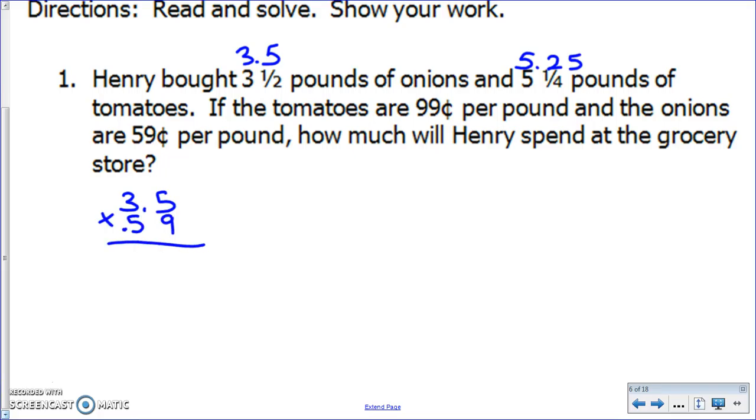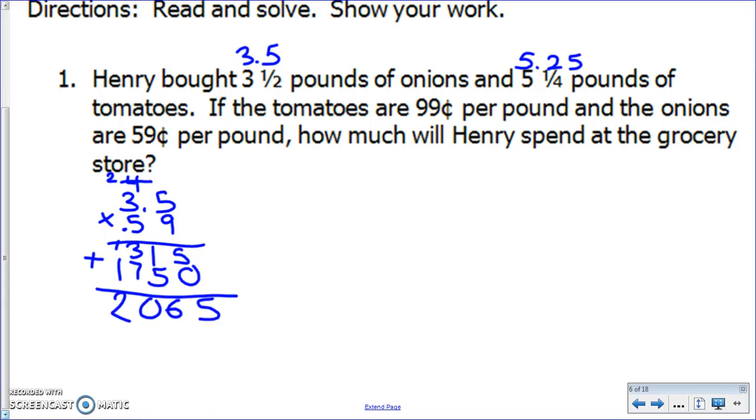And now we're just going to multiply through to figure out how much he spent on onions. And now we have to put the decimal in because there are 3 places after the decimal in our factors. We need 3 in our answer, so it's going to go right after the 2.